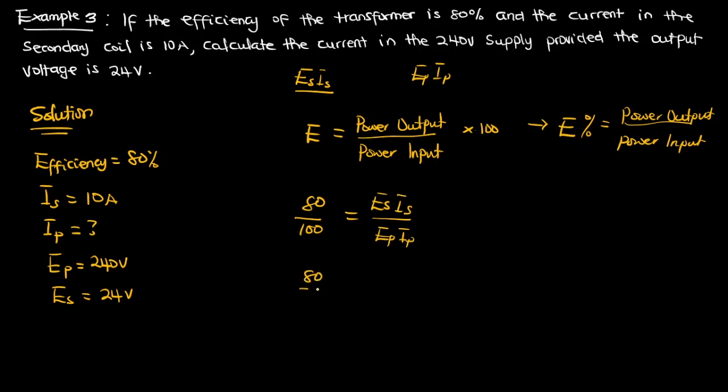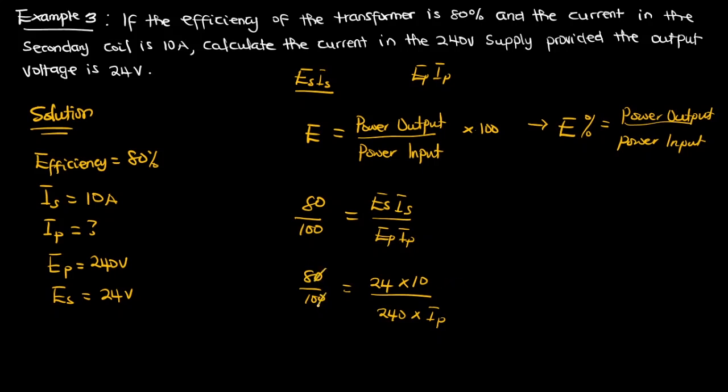So I have 80 over 100 equal to ES, which is 24, multiplied by IS, which is 10, all over EP, which is 240, multiplied by IP, which I do not know.